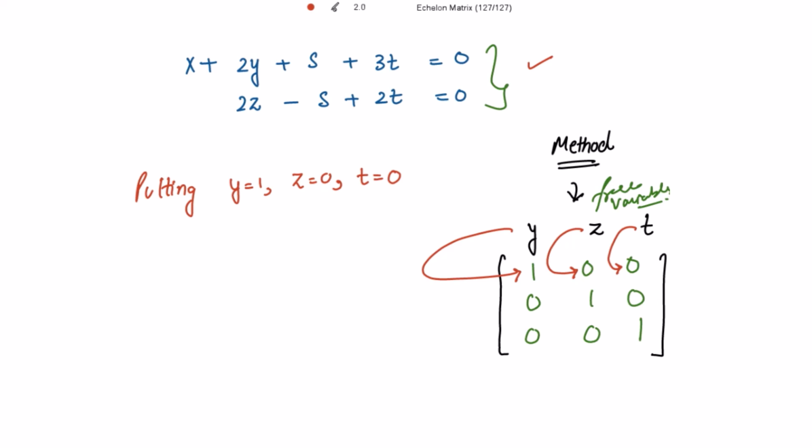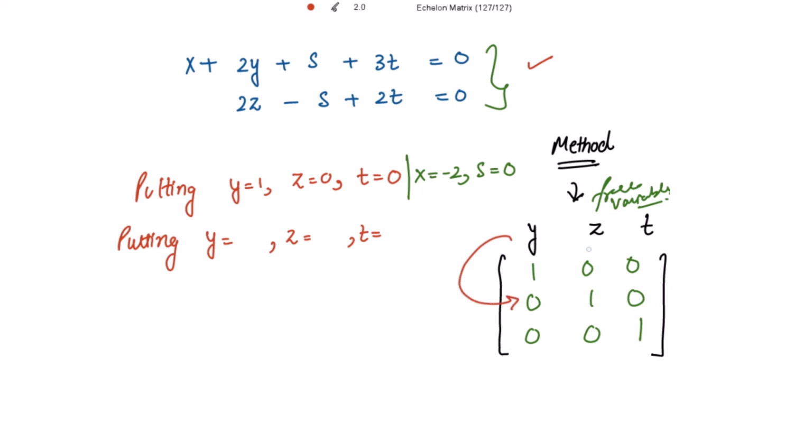From the first equation we get x plus 2 plus s equal to 0. From the second equation we get minus s equal to 0. That means s equal to 0 and x is equal to negative 2.